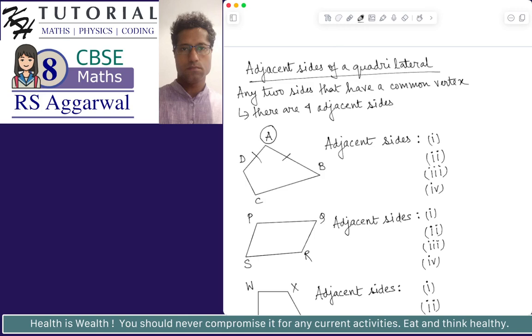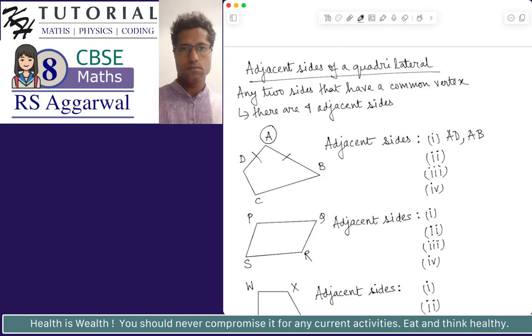For the first quadrilateral, ABCD, if I consider the vertex A, a pair of adjacent sides will be AD and AB. These two sides, AD and AB, are a pair of adjacent sides, as they have the common endpoint, or common vertex, A.